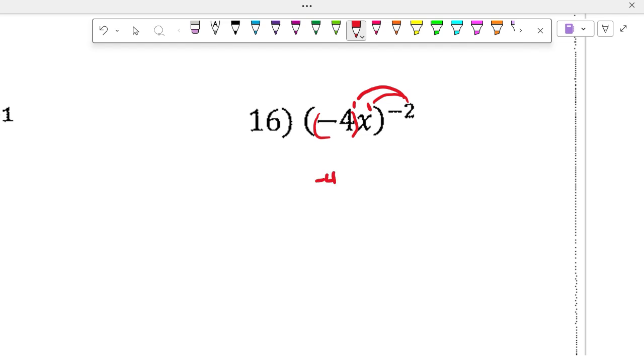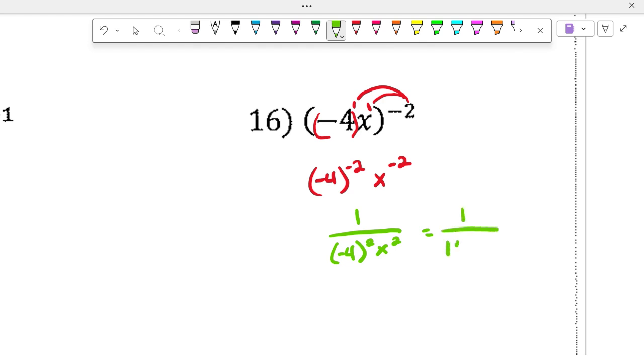So this will be negative 4 to negative 2, x to the negative 2. So they would both get moved to the denominator. So this would be 1 over negative 4 squared, x squared. What's negative 4 squared? Positive 16. So this would be 16x squared.